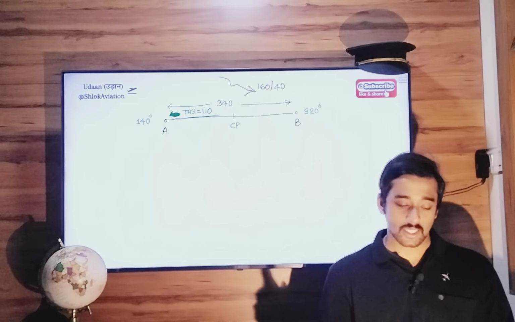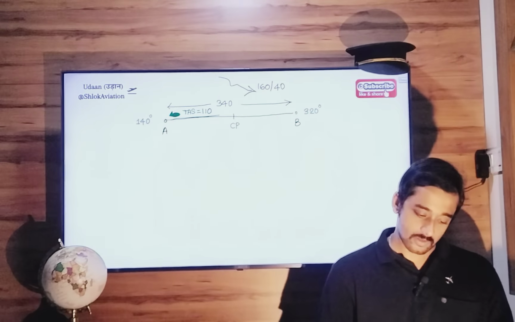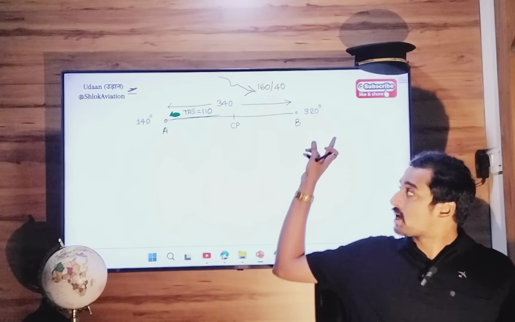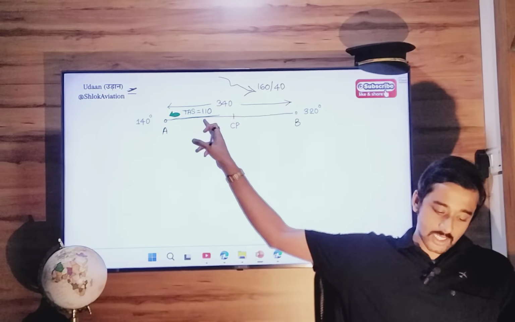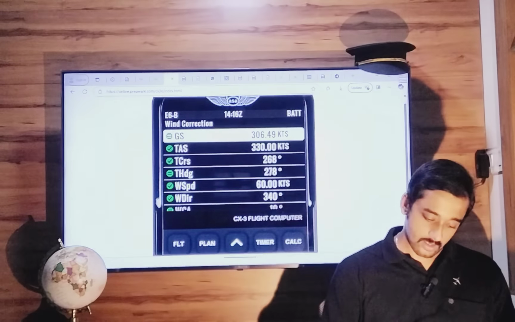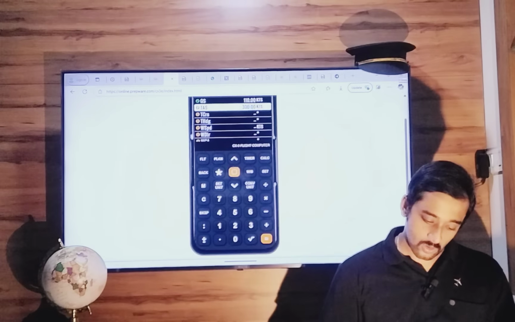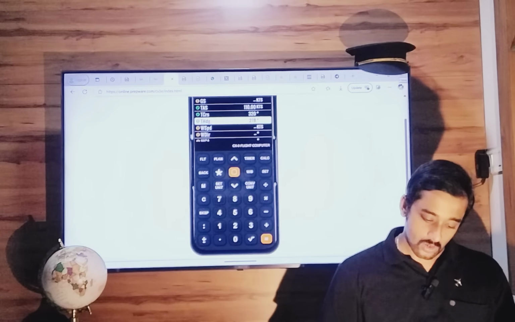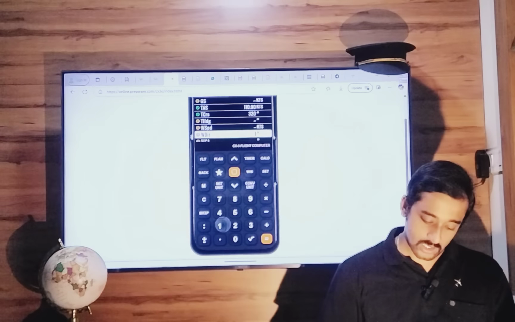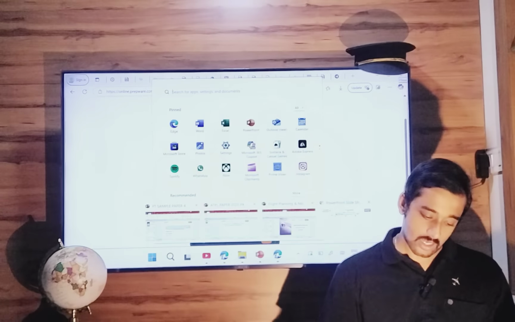Now let's use the CX3 to find out our ground speed outbound. Outbound course is 320, track is 320, TAS is 110, remember? TAS 110, course 320. Winds are 160 at 40.